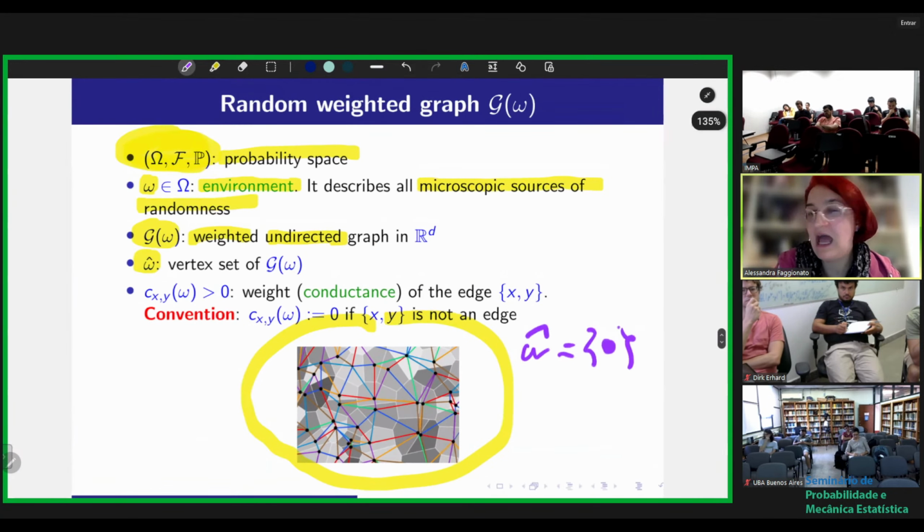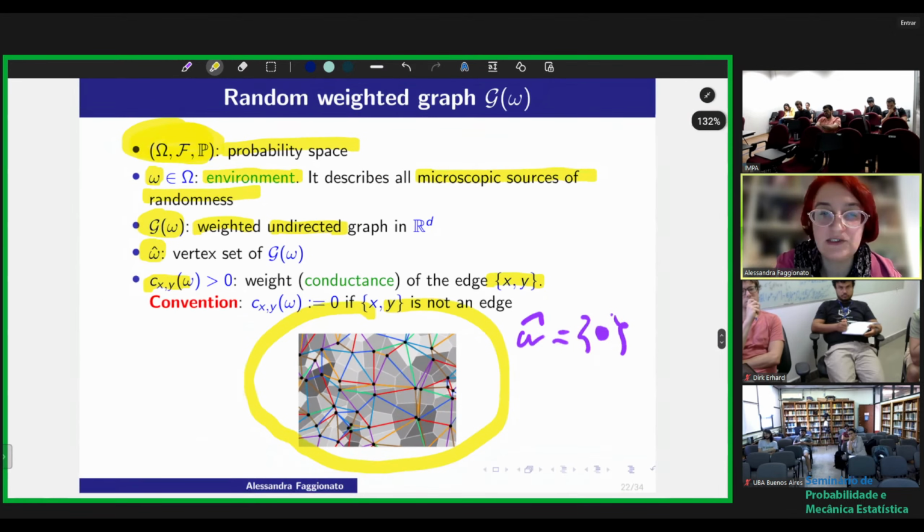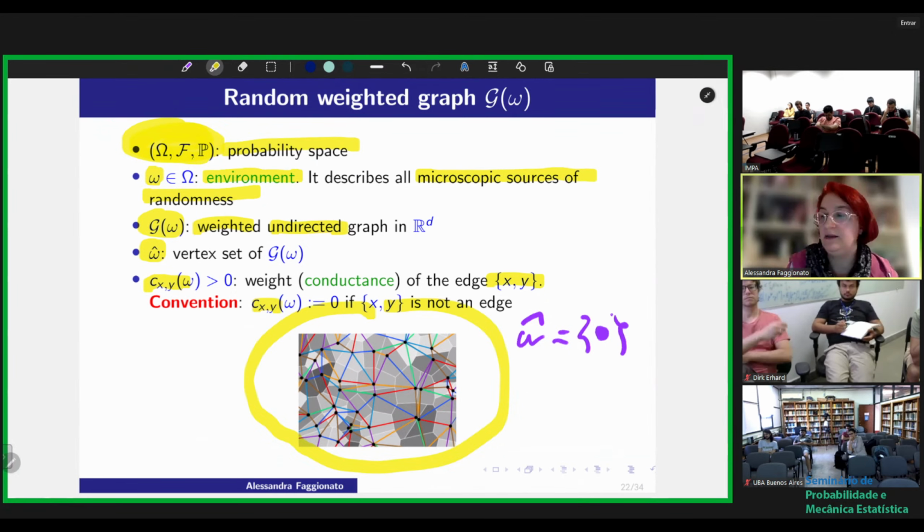And then I denote by c_xy of omega the weight, also called conductance, associated to the edge xy of my graph. So this is a positive number. So edges have a positive conductance. Now it's better to simplify the formulas, so I use this convention: I assign conductances also to any pair of vertices, c_xy, but the conductance is 0 if xy is not an edge.